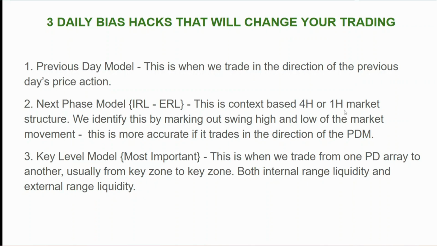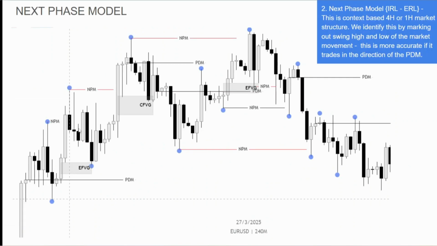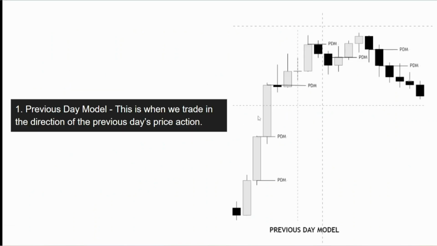So the first one is the previous day model, right? This is the previous day model. How does this work? As you can see, everything is outlined right there.